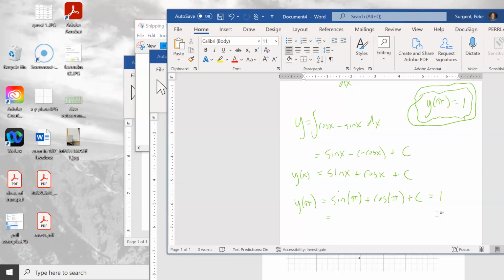So what do you think, Joseph? What's C equal to? I got C is equal to 2. 2? Mhm. What do you think, Lindy? What's C equal to? Sine of pi would be 0. Cosine of pi would be -1.